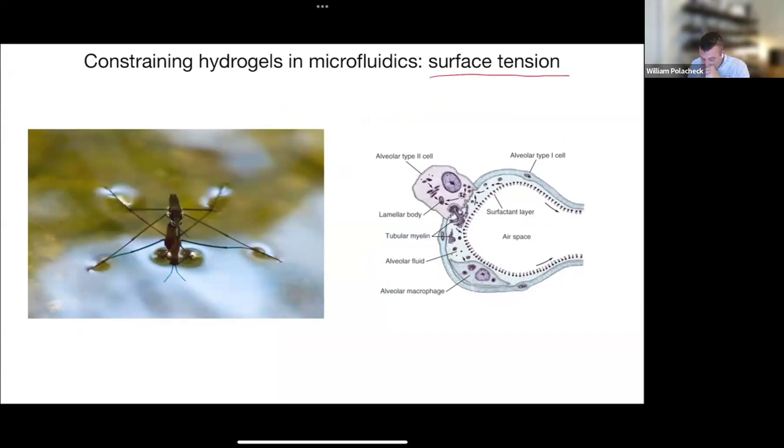So surface tension is a force that is present at solid-liquid interfaces, solid-liquid-air interfaces. It's something that we experience day to day, but is quite interesting and complex in the governing physics. You all know this if you ever belly flopped into a pool.